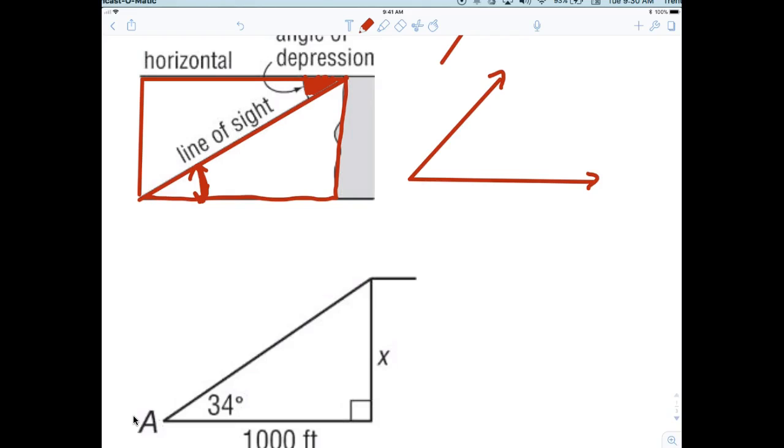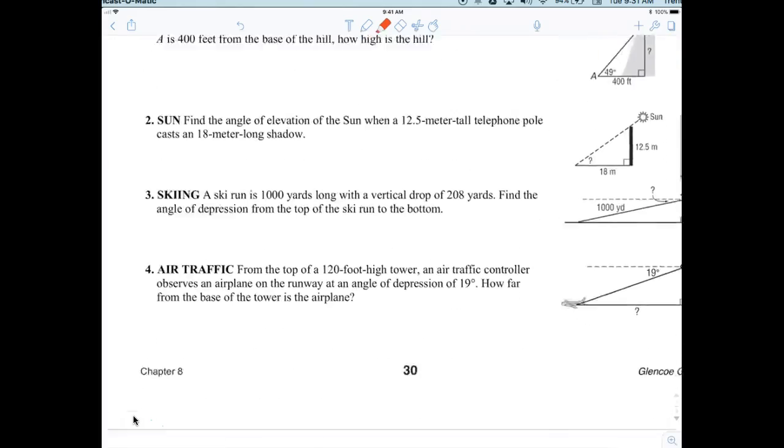All right? So if you just have this part right here, no angle is created. Right? So you have to look up or you look down. Then you create your angle. And your angle is always measured off of the horizon or the horizontal. Exactly. All right, so let's try a couple of these.